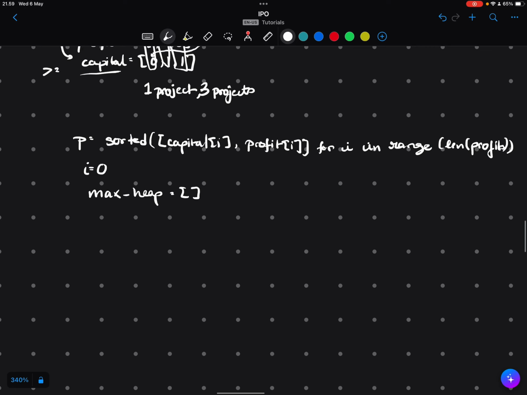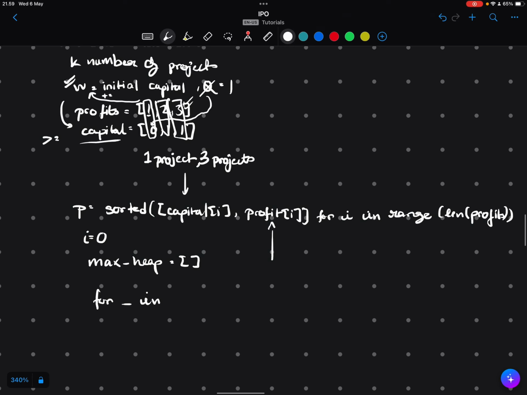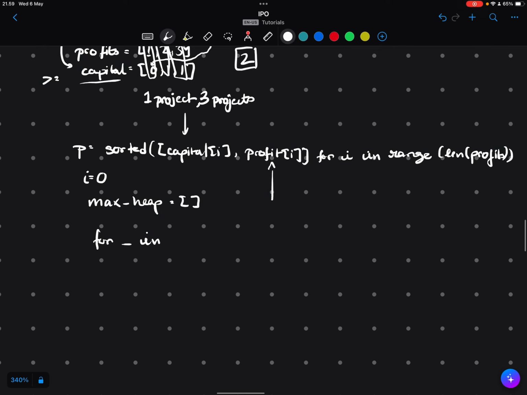Now I have another I equals 0. I'll show when that comes in handy, and I will have a max heap. Okay, so max heap, why? Well, because we would like to have our profit be maximized. So immediately think max heap, and we would have to do something with capital I. And another crucial part, we can only do k projects.